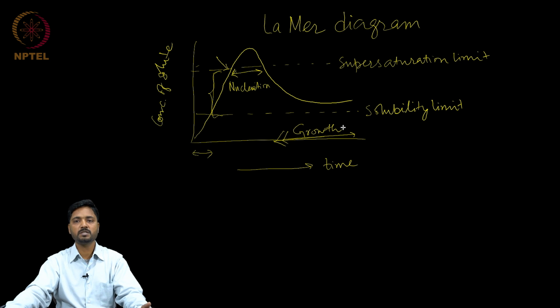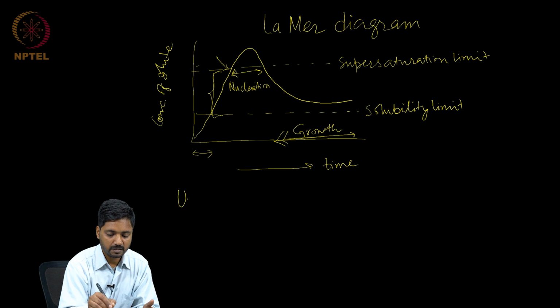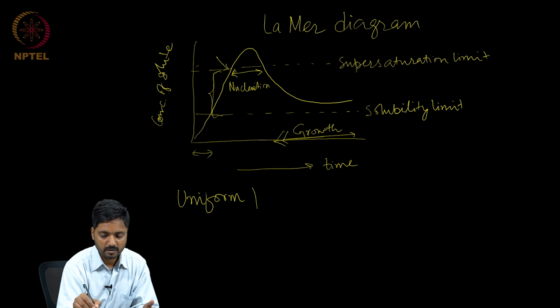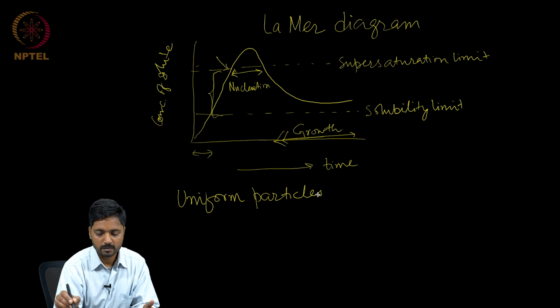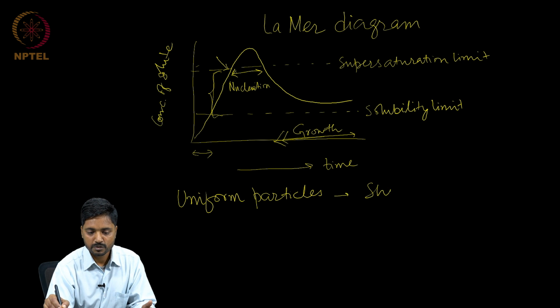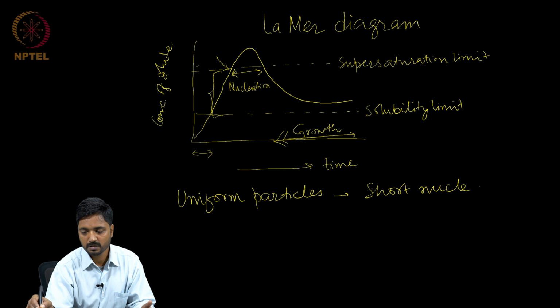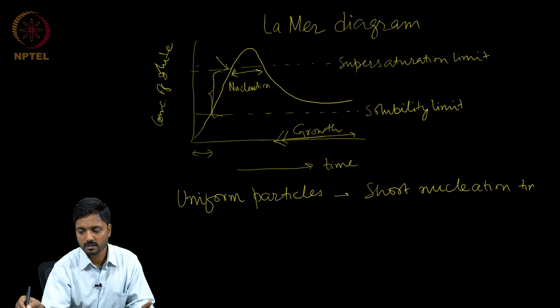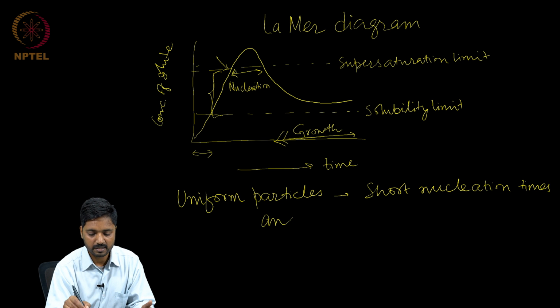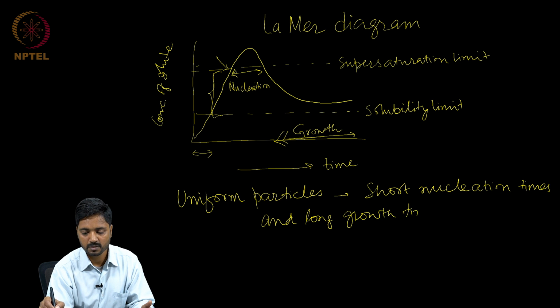This concept is utilized quite extensively both in nanotechnology as well as in gravimetry, where we want to create uniform particles, and to create uniform particles, we need short nucleation times and long growth times.